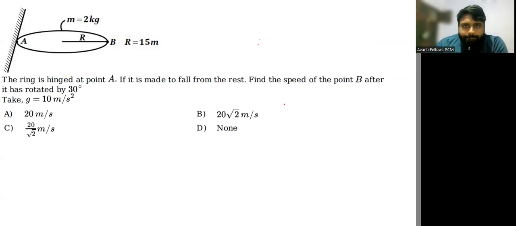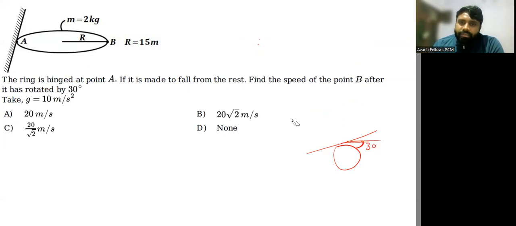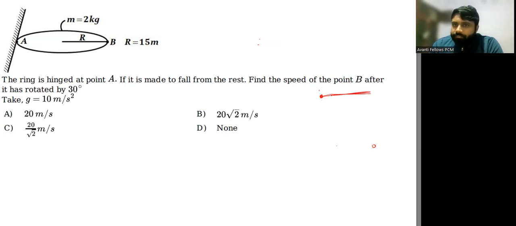Initially the ring was like this, and finally it has been rotated by an angle of 30 degree. This is the ring from the side view, which means the center of mass of this ring has also been rotated by an angle of 30 degree. This is the center of mass.